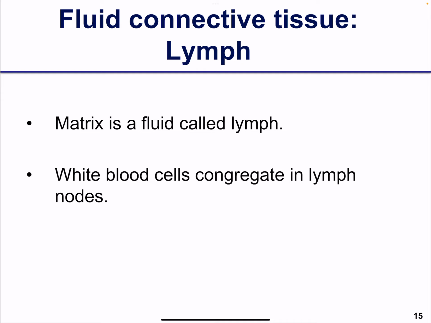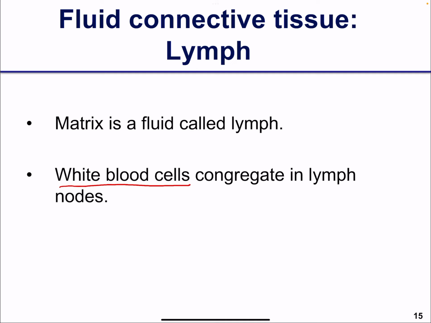How about the lymph? The lymph is a fluid connective tissue that is really a derivative of the plasma. All right, it's a derivative of the plasma. And that lymph is going to house some white blood cells.